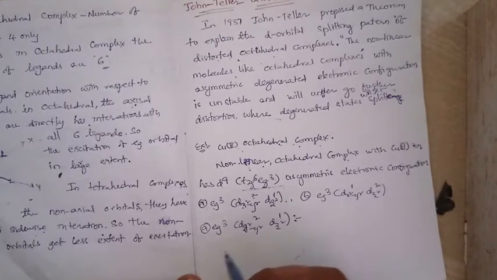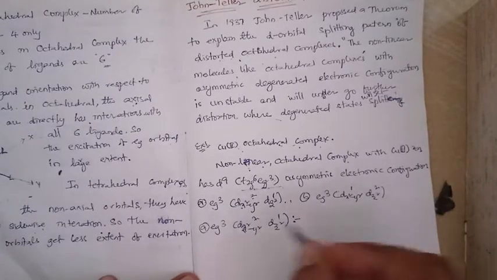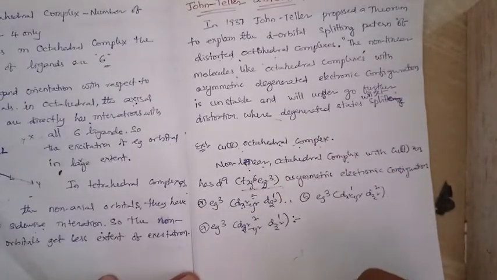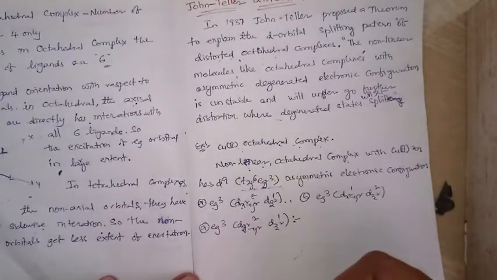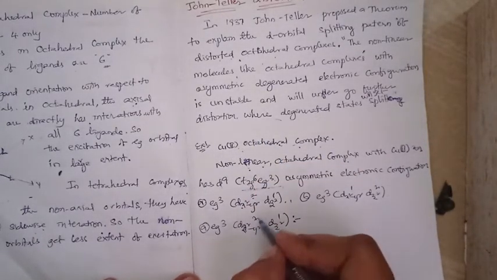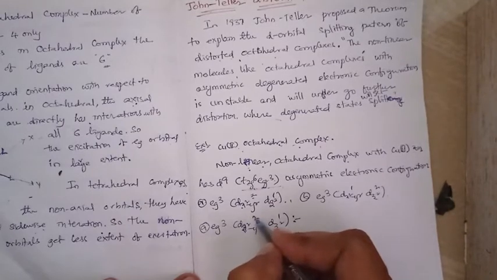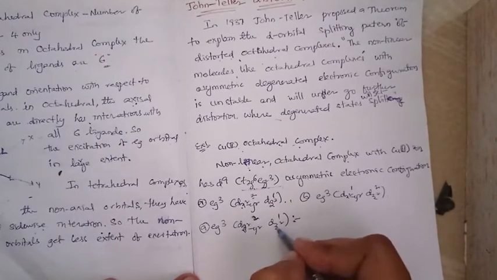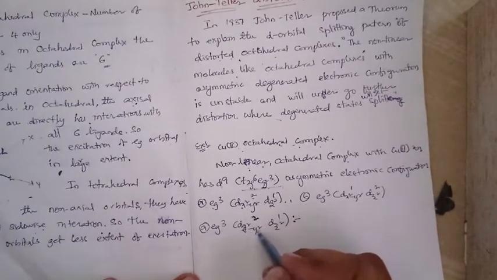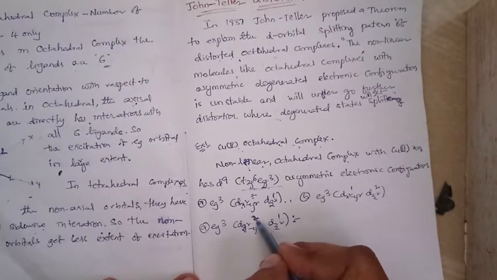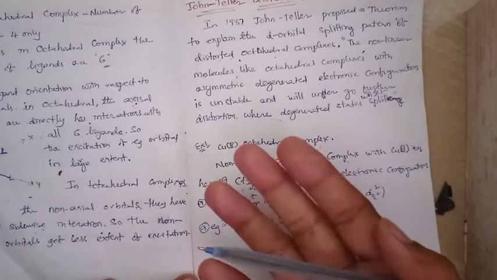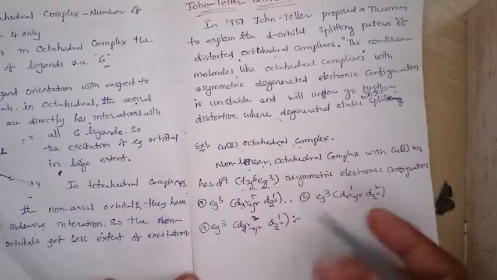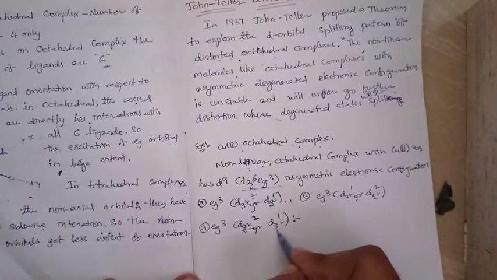Along the x-axis, there are two lobes left and right, and along the y-axis, front and back, two lobes. Having 2 electrons, it has higher electron density compared to dz square. So along the x-axis and y-axis the electron density is more, rather than in the z orientation.